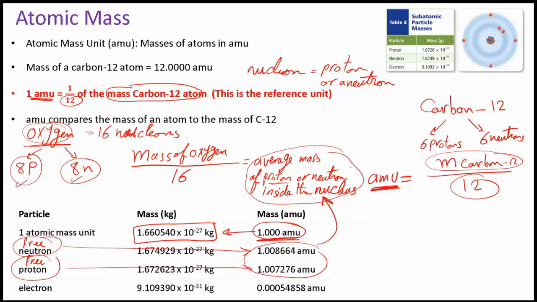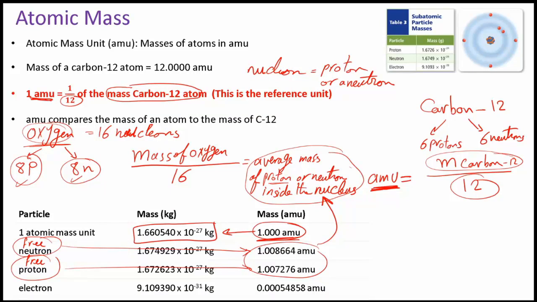They have more mass than the mass inside these atoms. So why is that? Why is the mass of the free neutron or the free proton higher than the mass of the same proton or the same neutron if it is inside the nucleus?